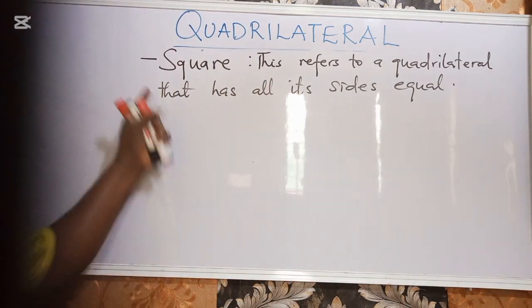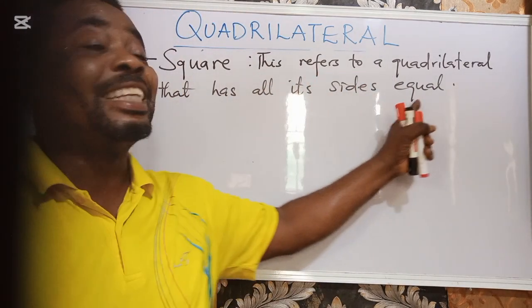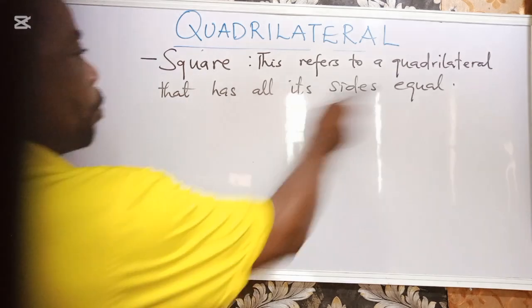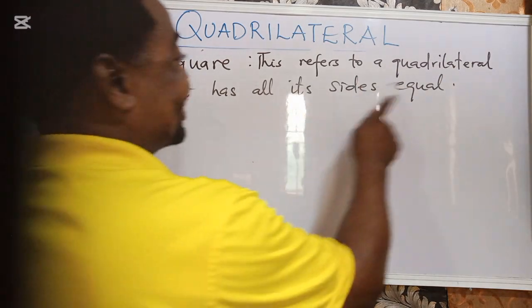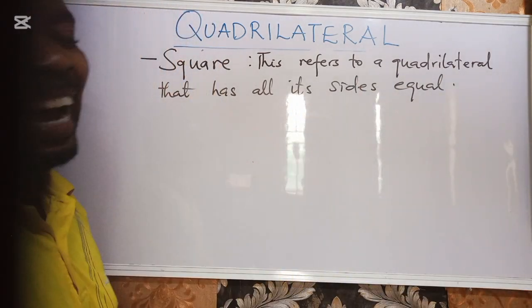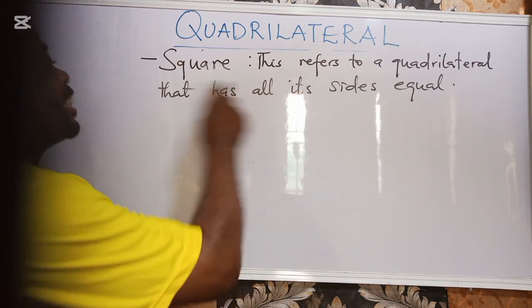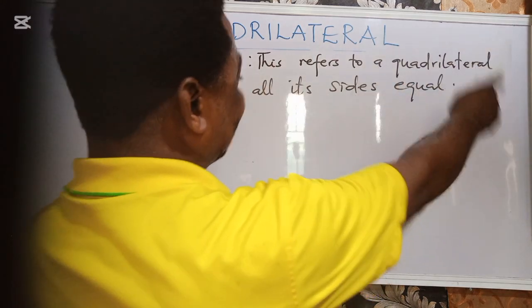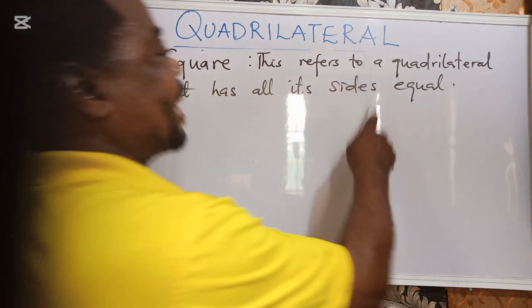It is a quadrilateral that has all its sides equal. It is a polygon that has all its sides equal, but you say 4-sided polygon. It is a 4-sided plane shape that has all its sides equal.